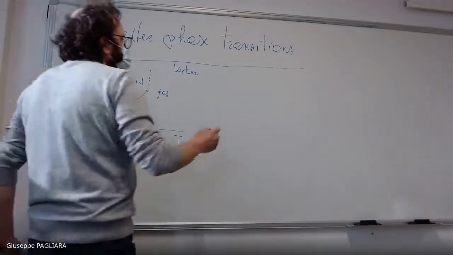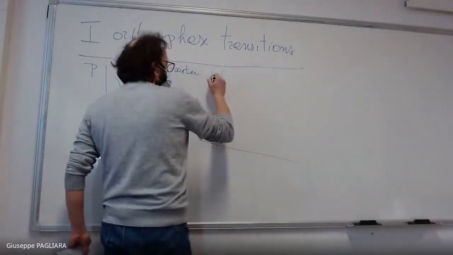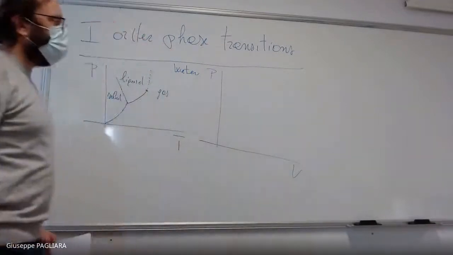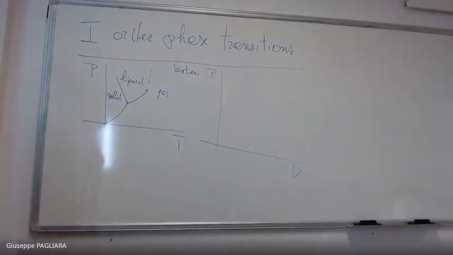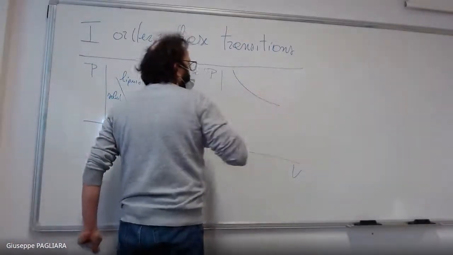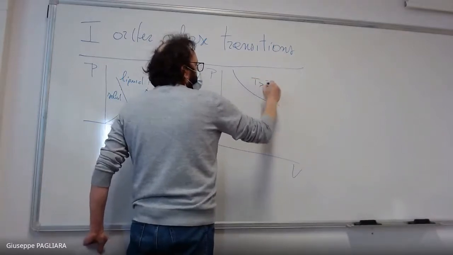Now, we were also saying last time that if you look at the PV diagram and you draw the isotherms, or the isothermal lines, then the way they look like is something like that. This is for T larger than Tc.